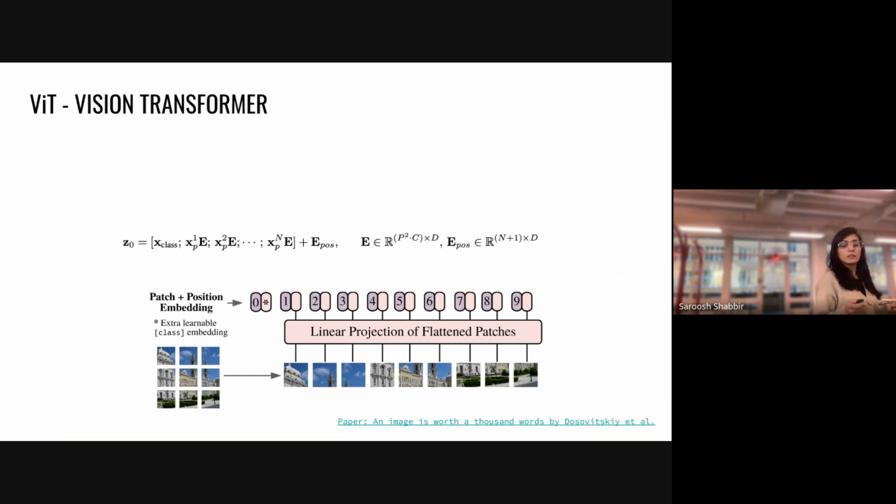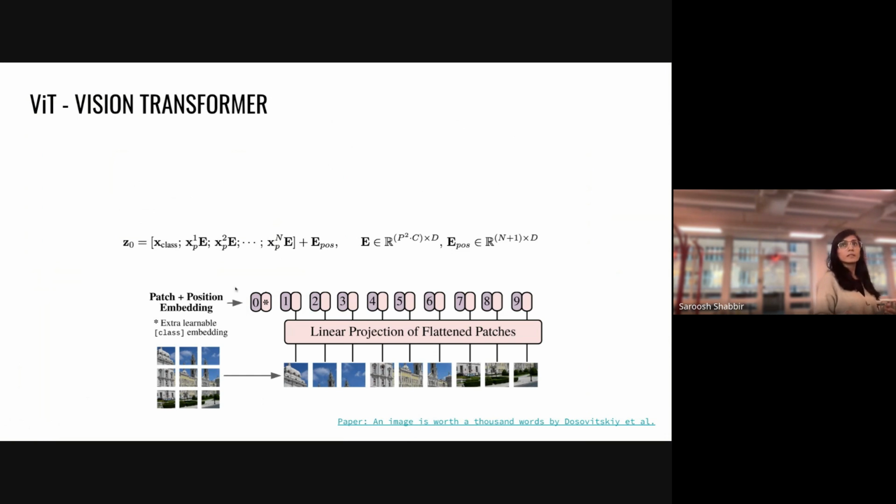And then this is the first trick they use to be able to use it with images. They add what they call a class token. It's a randomly initialized token, which is learned through the network.